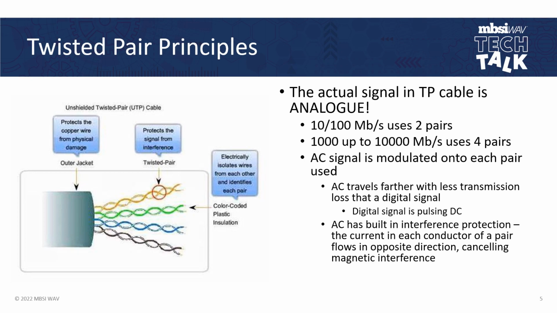So, why? If I had a pulsed DC cable here, in other words, binary, if I was sending digital signals down this cable, the distance that I could send that would roll off very quickly.